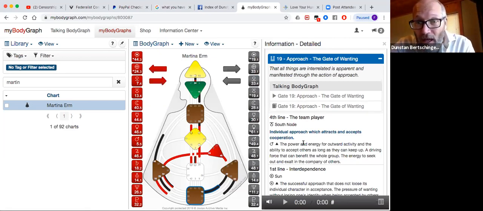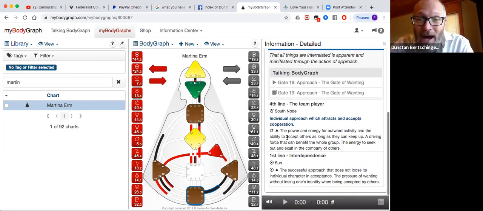In the exaltation, it's Mars, the power and energy for outward activity and the ability to accept others as long as they can keep up. A driving force that can benefit the whole group. The energy to seek out and exalt in the company of others. So it's really about other people.